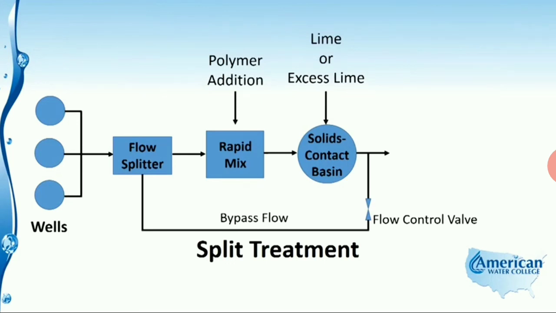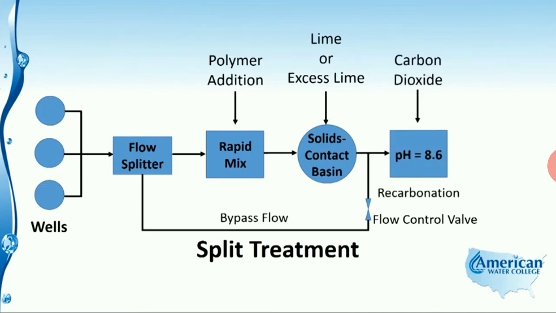Both flow streams then meet up and go into the recarbonation process, where carbon dioxide is added and the pH is adjusted to 8.6. From there it flows on through the filters and then to disinfection and then into the system. So the split treatment method is primarily a way to reduce chemical costs by treating only a portion of the total flow.